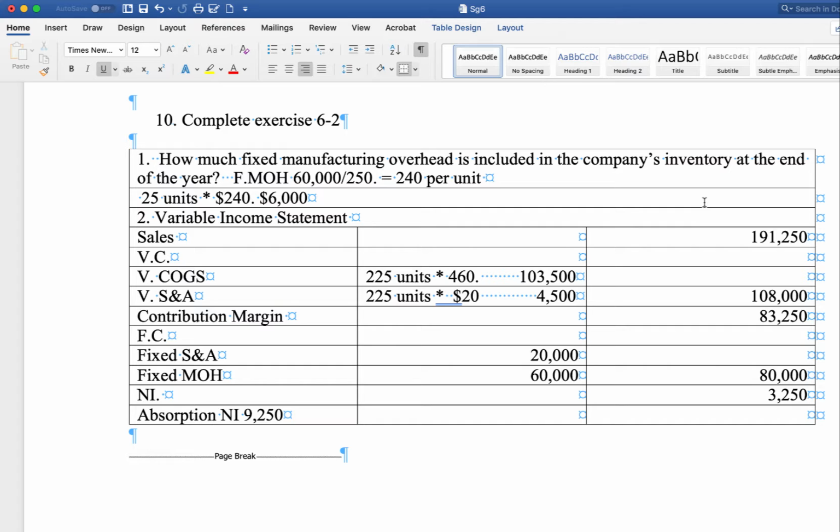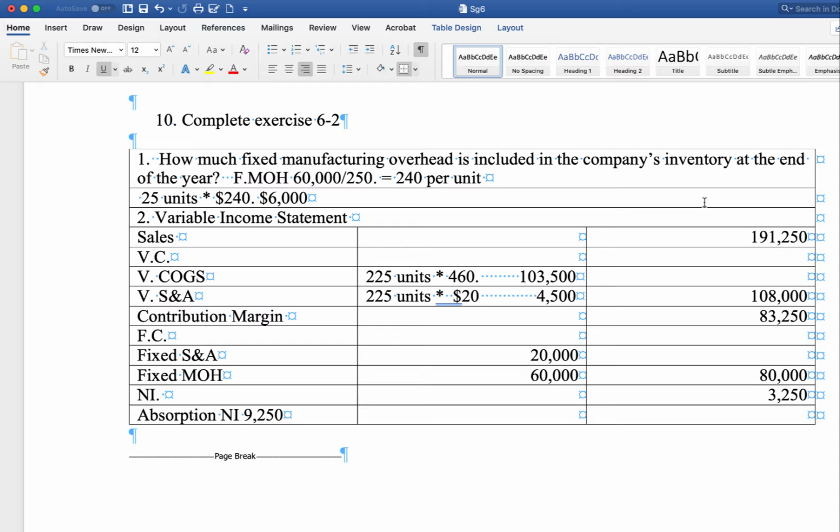Since we're doing the variable income statement, we next look for our next variable cost, which is the variable selling and administrative, right? The problem tells us that's $20 per unit that you sell. Well, we sold 225 units, so let's recognize that expense. That's $4,500. We subtract the variable expenses from our sales to end up with our contribution margin.